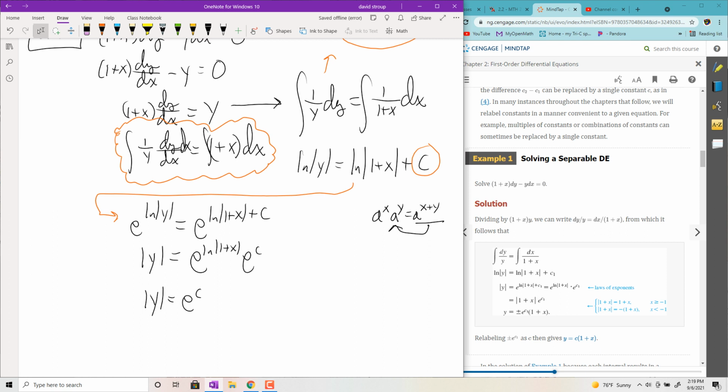So I have e to the c times e to the ln. Again, the e and the ln will cancel each other out. You just have the absolute value of 1 plus x. Then you could drop all the absolute values and replace it with a plus or minus.